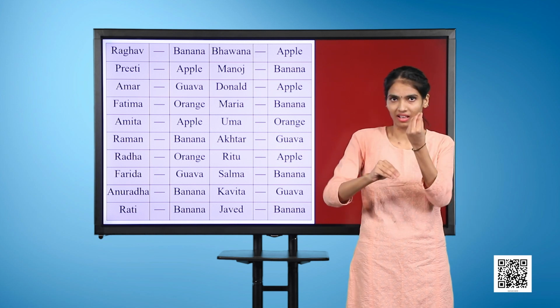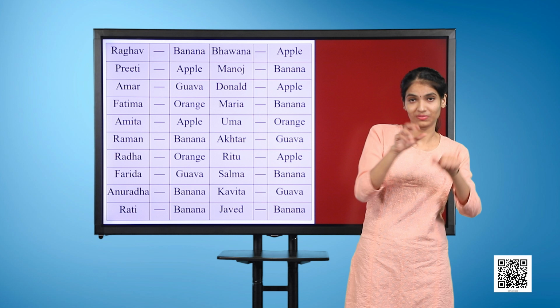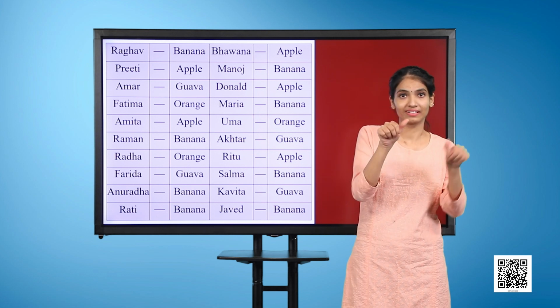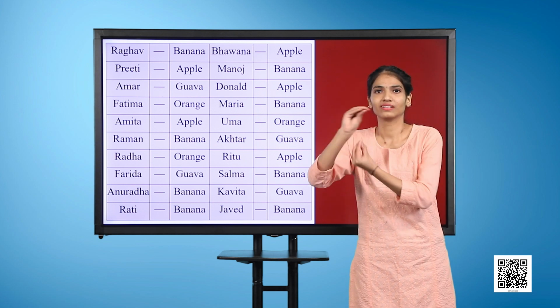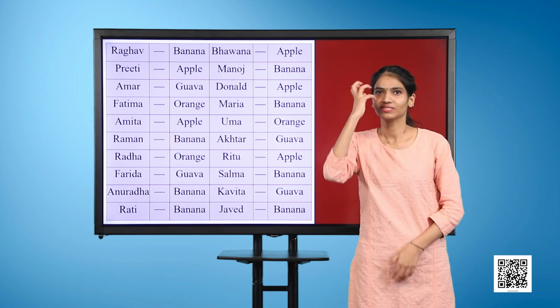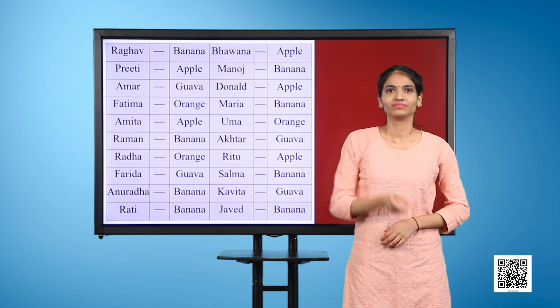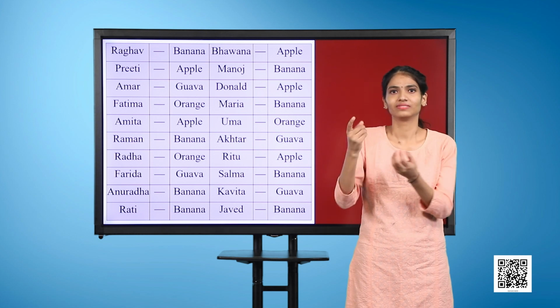Raghav, banana. Preeti, apple. Amar, guava. Fatima, orange. Amita, apple. Raman, banana. Radha, orange. Farida, guava. Anuradha, banana. Rati, banana.